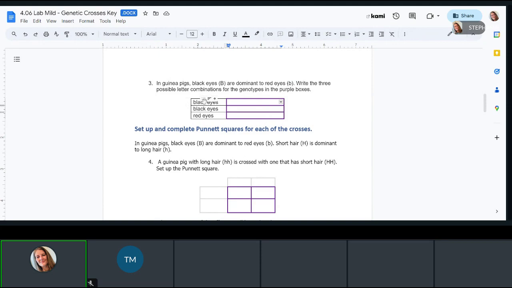So if a guinea pig has black eyes, what are the genotypes that they might have? So what are the genes? And remember, there could be more than one letter combination for some of them. So black eyes is dominant.